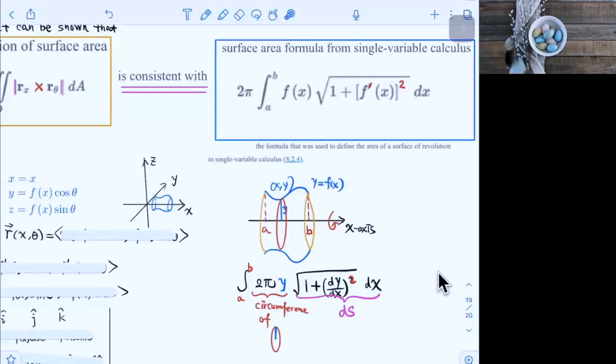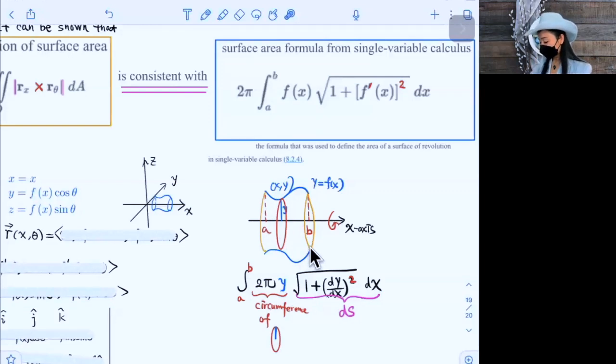When we revolve this about the x-axis, the surface area is going to be the circumference of the circle of the point on this curve. So that will be 2 pi y over here. And then this part here will be the differential arc length, which is going to be the square root of 1 plus (dy/dx) squared, dx. And the x here goes from a to b. So that was how we found the surface area for the surface of revolution in the past.